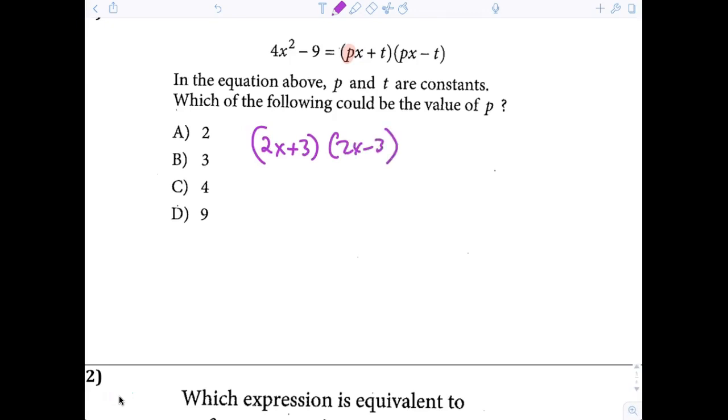What is the value of T? What would T be? Say it. 3. Everybody with me on this? So that's why the correct answer for that is 2. Anybody have any questions with that?